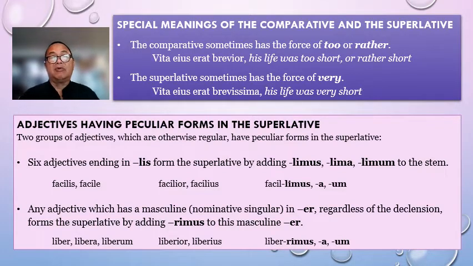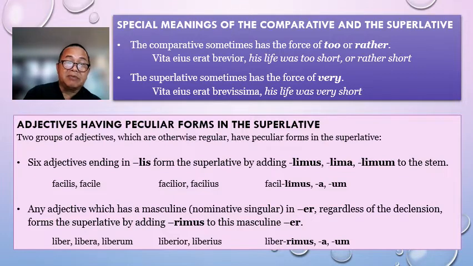That is the regular way of doing the superlative, by adding isimus, isima, isimum to the stem. But this time, these 6 adjectives ending in lis, you simply add limus, lima, limum. So the example given here is facilis, facile, ending in lis.